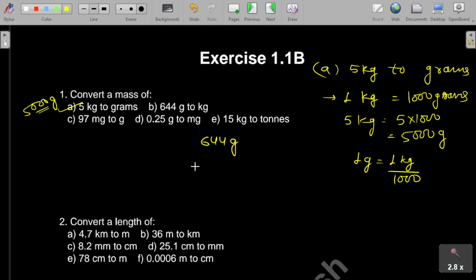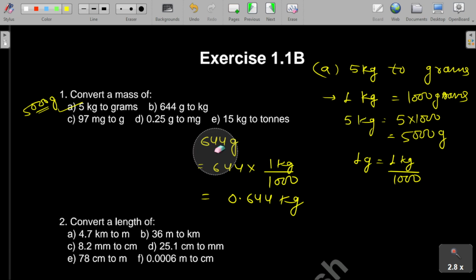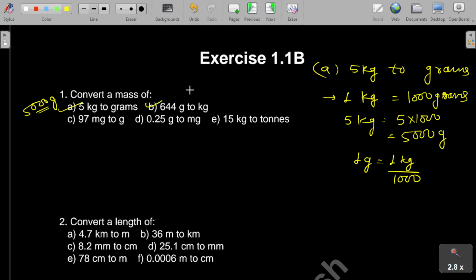So 644 gram, which is 644 into 1 kg upon 1000. So the answer is 0.644 kg.